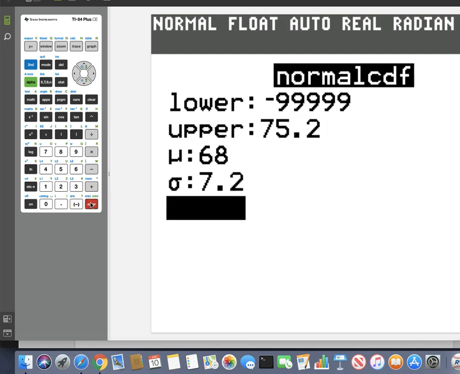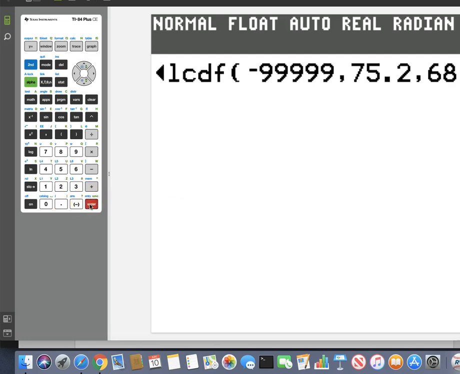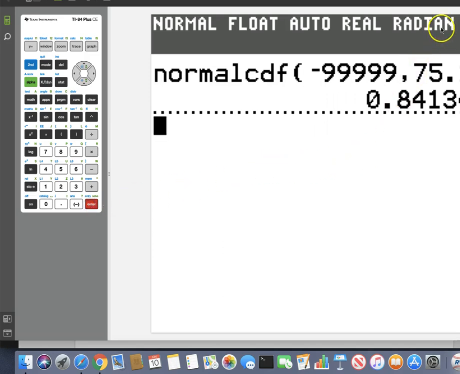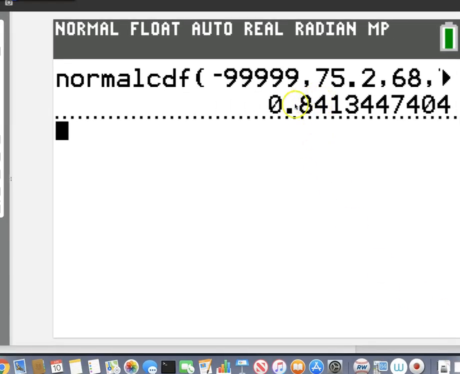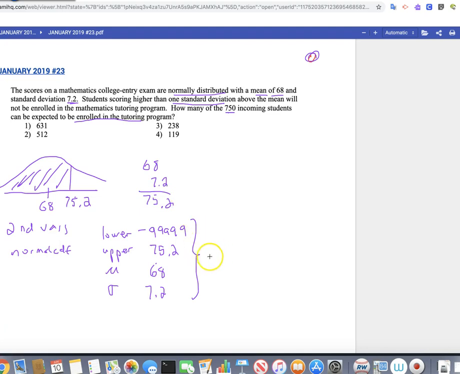We hit enter, enter, and from this we get a value of 0.8413447 as the probability.